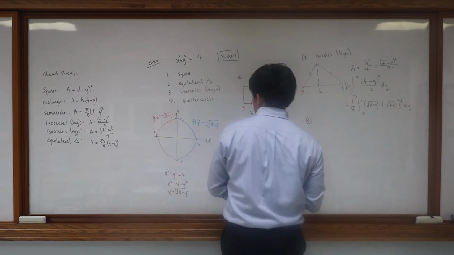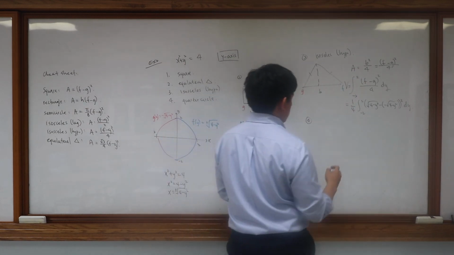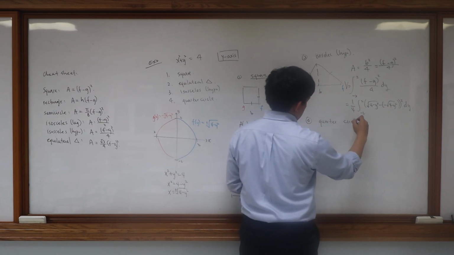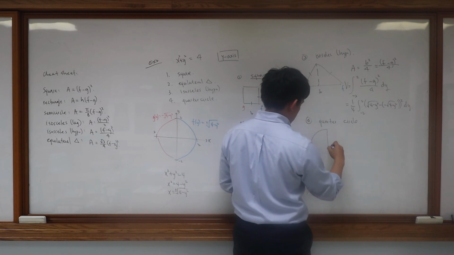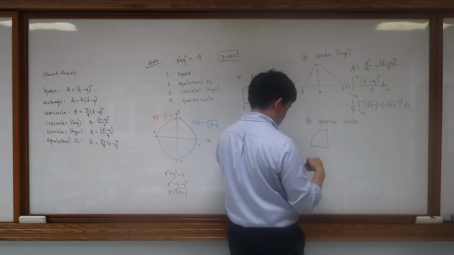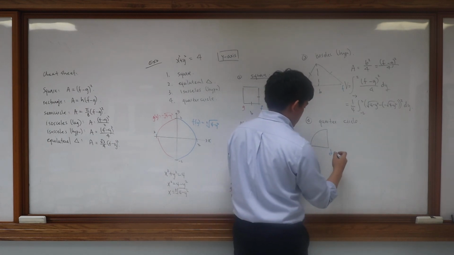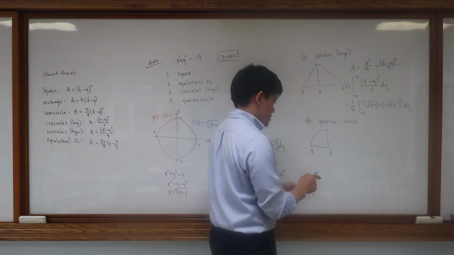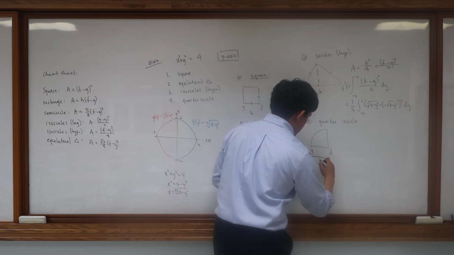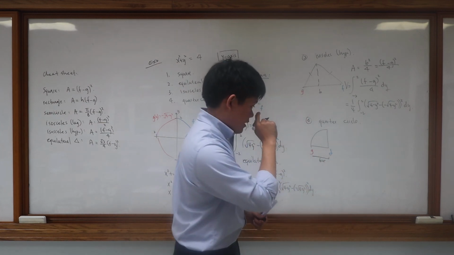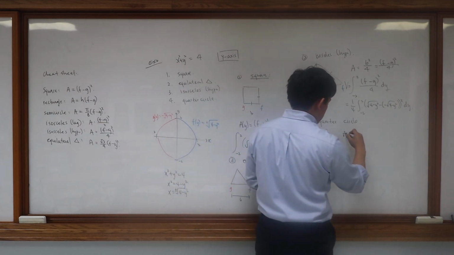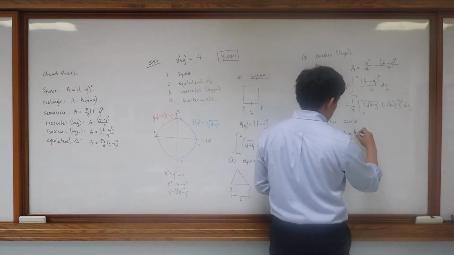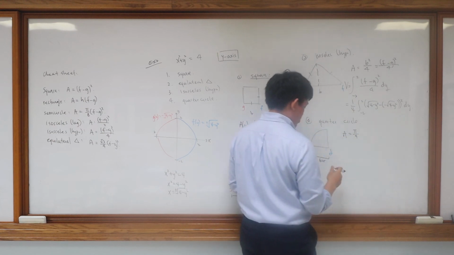Number 4 is the shape we have not talked about, a quarter circle, but you can derive that. That means my diagram should look something like that. My top function here is f, my bottom function here is g. So in this case, this is my base, it's also my radius. So in that case, area is equal to pi r squared divided by 4, so pi divided by 4 of my radius squared.